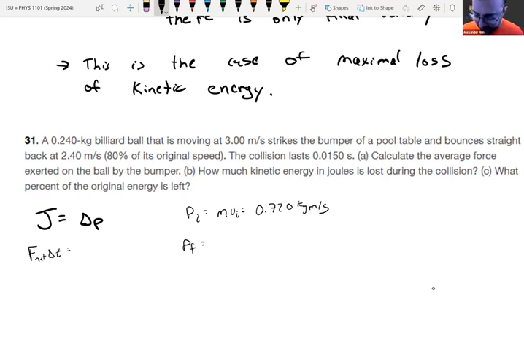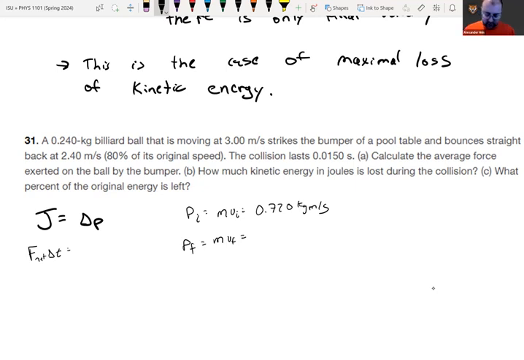Now for P final, this would be m v final. Most people will just do 0.24 times 2.4, and you're kind of sort of correct if that's what you thought.